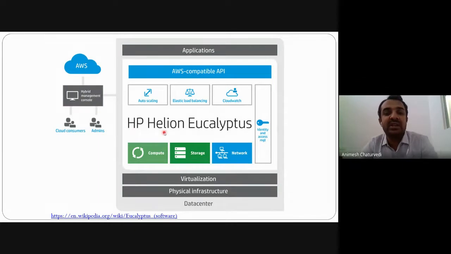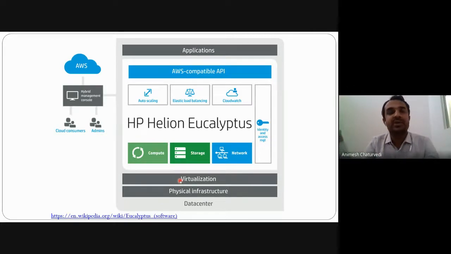So this is the architecture, the HP Helion Eucalyptus architecture, so that it will be easier for you to understand. First of all, there's a data center, and the data center has physical infrastructure. Various servers are installed there, and then you do virtualization. You do the virtualization the same way we discussed for Eucalyptus.